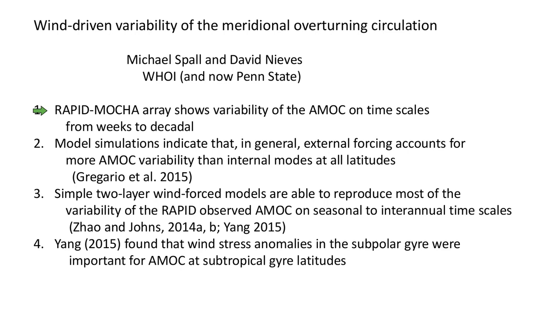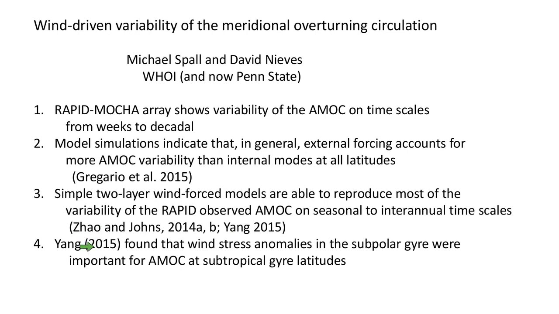There were a few papers about 5 years ago looking at simple two-layer wind-forced models, and they found that those models could reproduce most of the AMOC variability on seasonal to interannual timescales. These were papers by Zhao and Johns, two papers there, and one by Jian Yang.